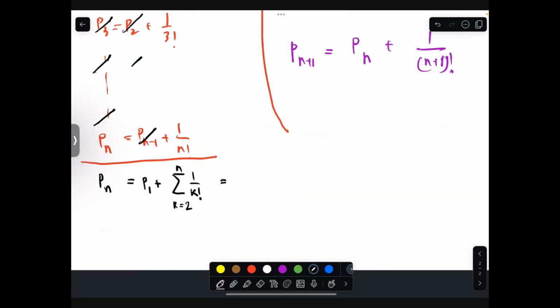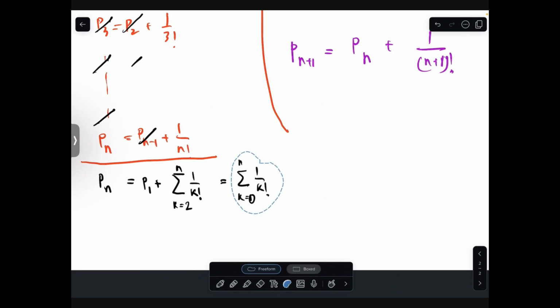So therefore you can see that it's 2. So you can write it as 1 plus the summation from k equal to 2 to n of 1 by k factorial, because I just added 1 factorial here. And even more than that, you can make k start from 0, because 0 factorial is 1.